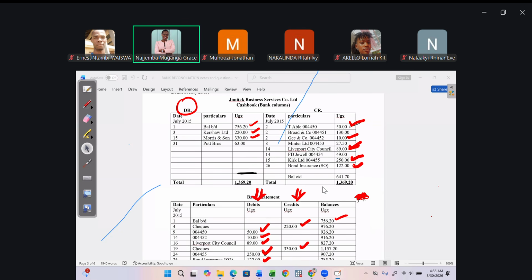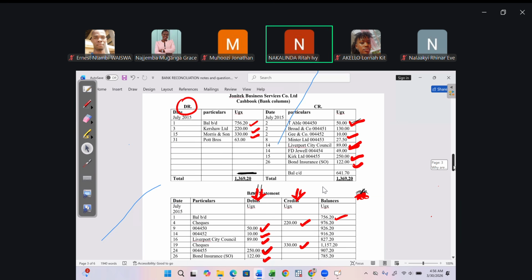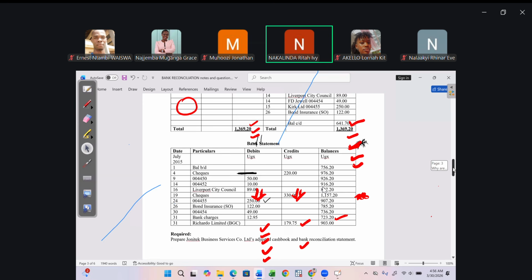Do we have on the debit? We can start with the debit. Any unticked? You know, when I move this, these things move. We have. So you better tell me. Which figures do we have on the debit side? The unticked on the debit side, those are the direct debits in the bank statement. Do we have? We don't have.